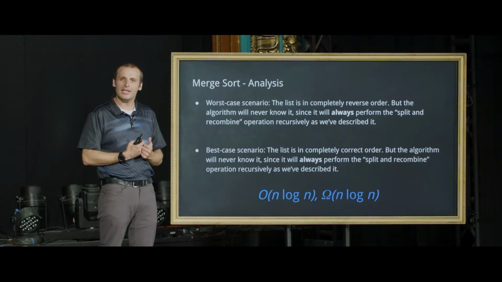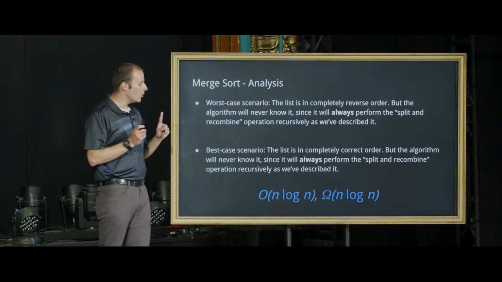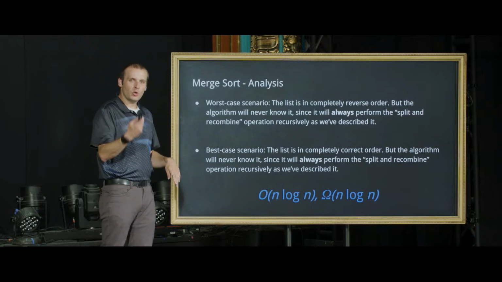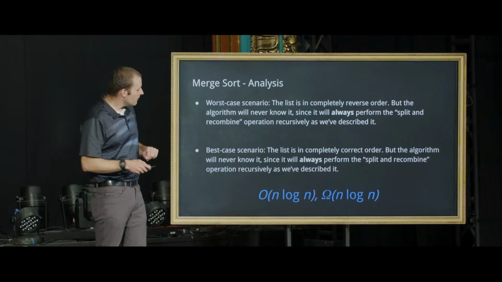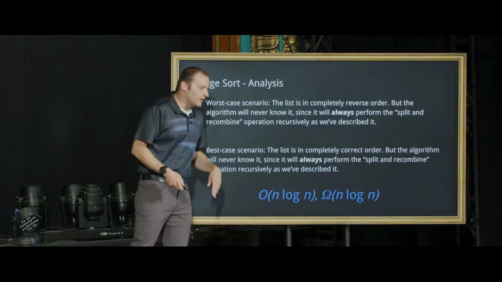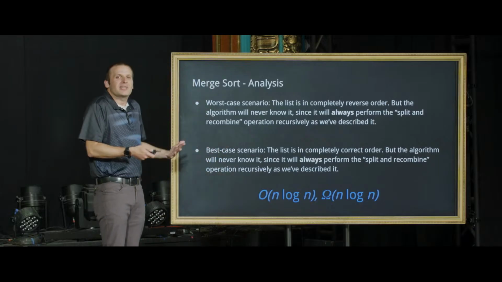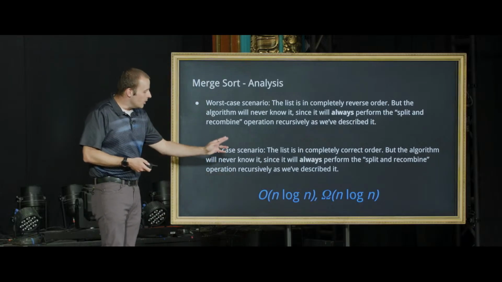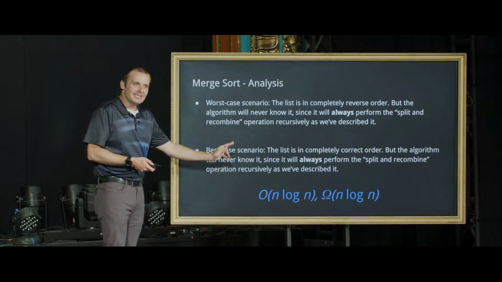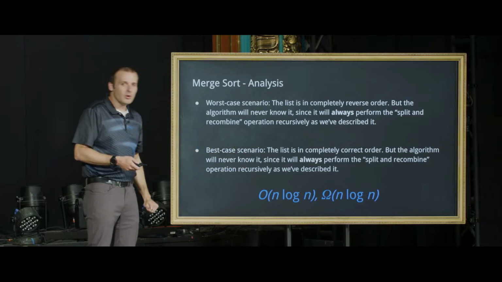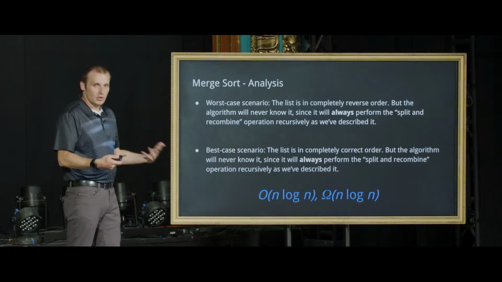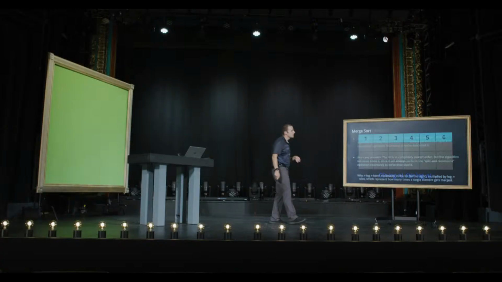There were tricks we could take advantage of with bubble sort or insertion sort that would allow it to end more quickly if the list happened to be in order. But merge sort doesn't have any tricks like that up its sleeve. So the upper bound runtime is lower, but the lower bound runtime is worse. Hopefully that makes sense.